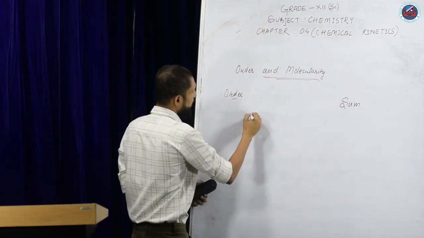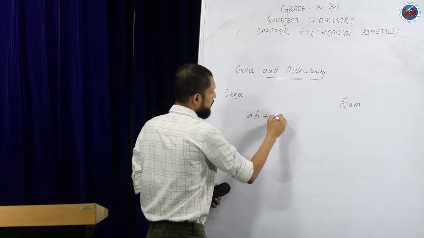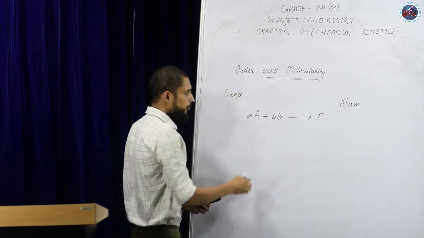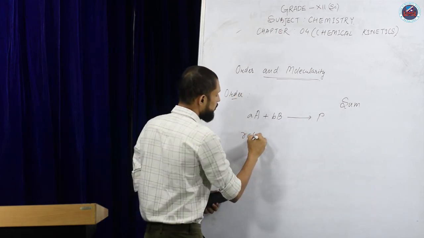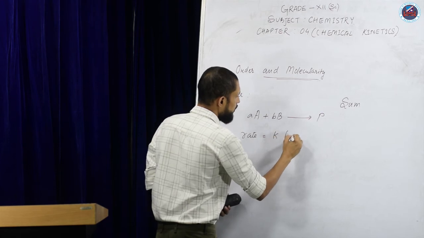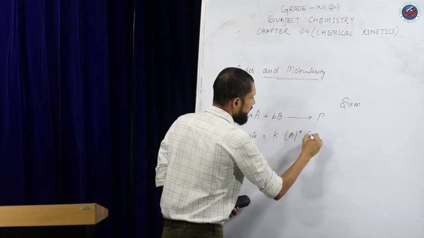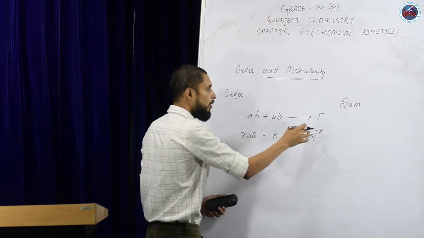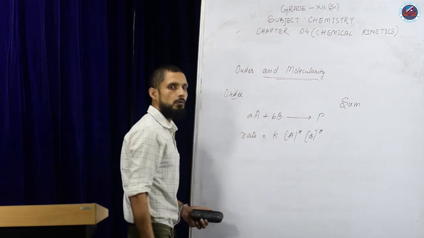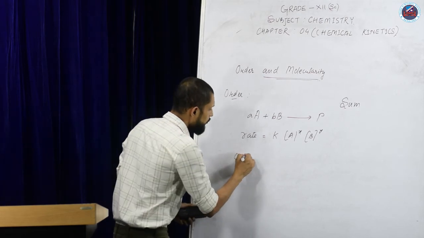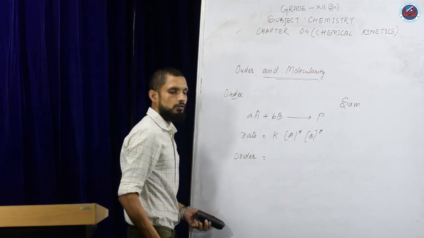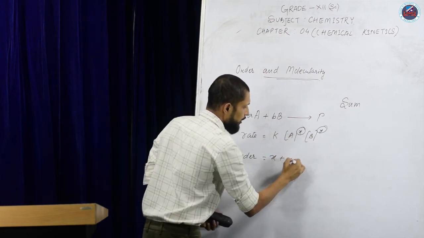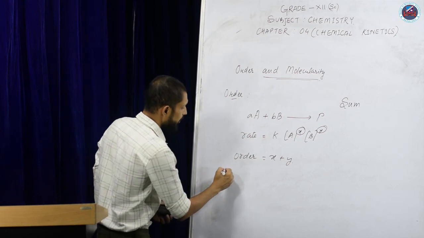So you have this reaction aA plus bB gives product B. So if you write the rate law for this reaction, rate is equal to rate constant [A] to the power x, [B] to the power y, where x may or may not be equal to a, y may or may not be equal to b. So the order of this reaction is equal to x plus y.